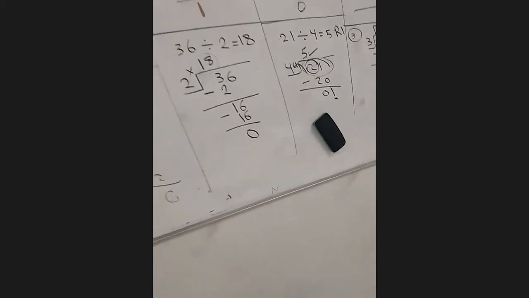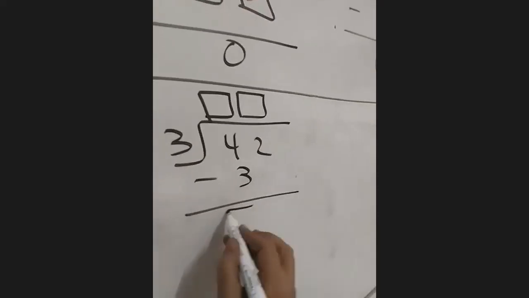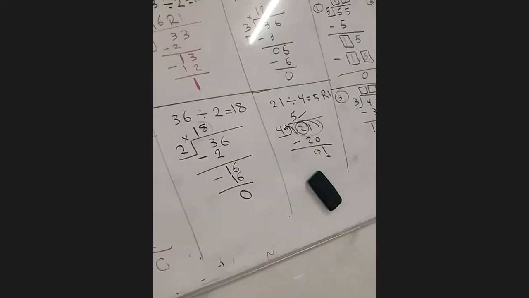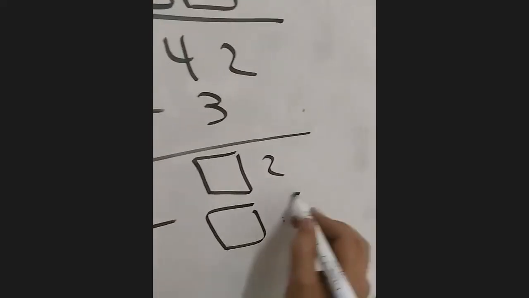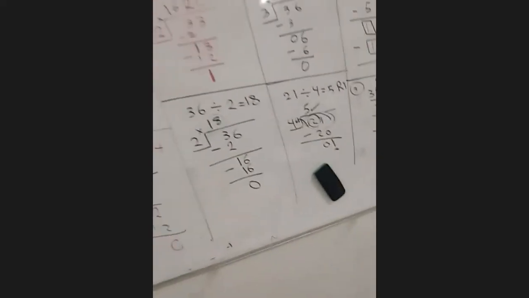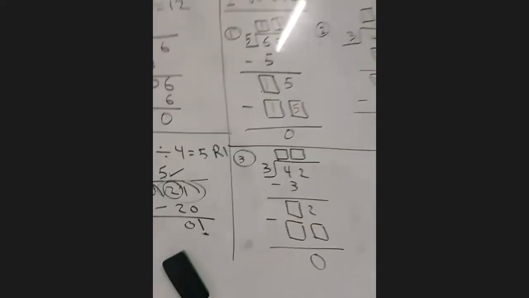Here we have a 3, subtract, and down we have 1 square with 2. And then 2 squares, we have subtract, 2 squares, and at the end we have 0. But who can help me here, guys? This is question 3.